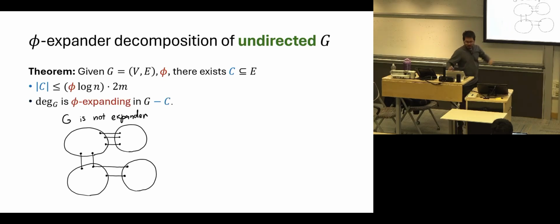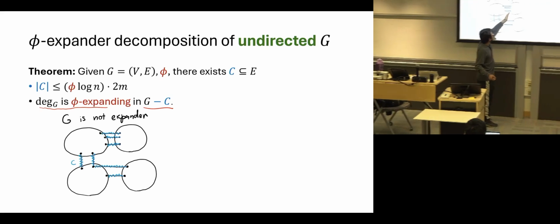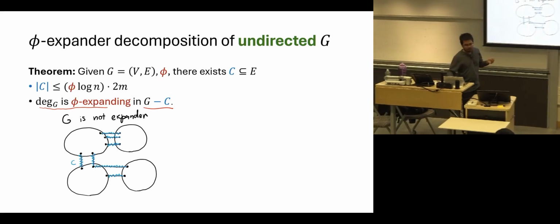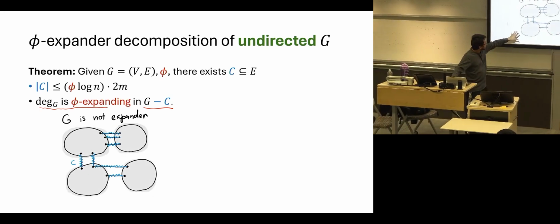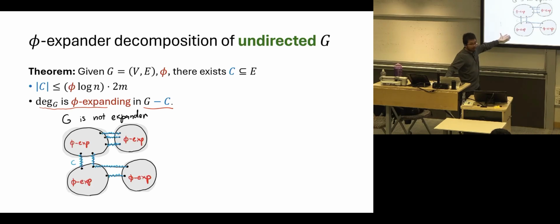And once you cut it, the graph becomes an expander. When you cut the edges crossing the components, each component becomes expanding. G minus C is a phi expander.